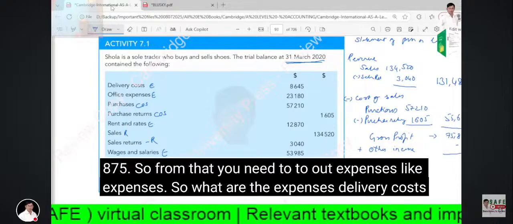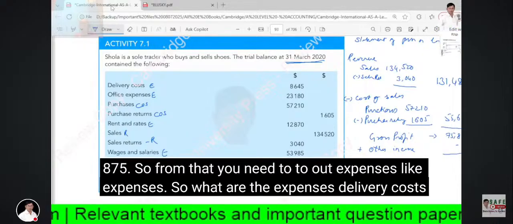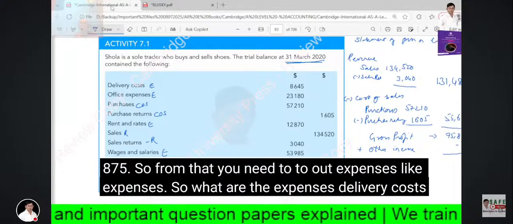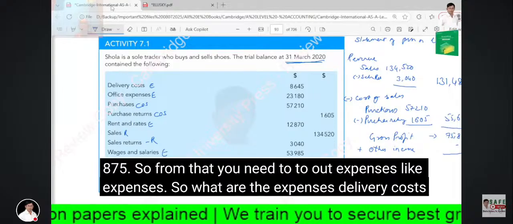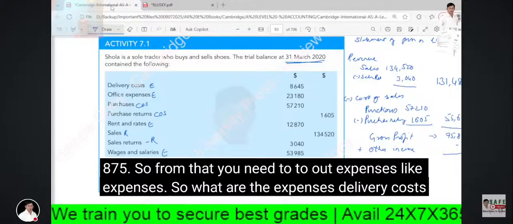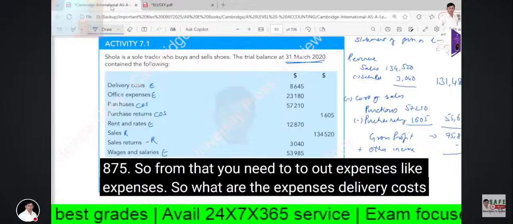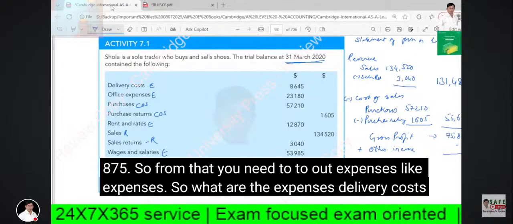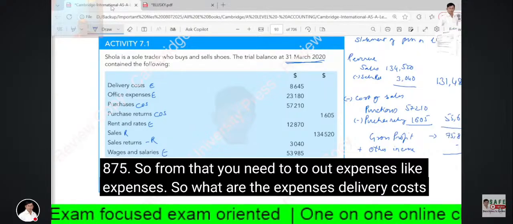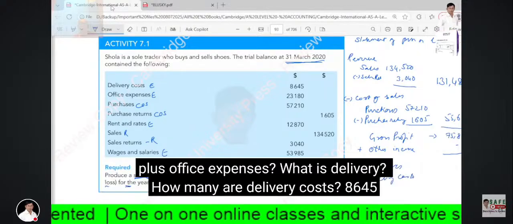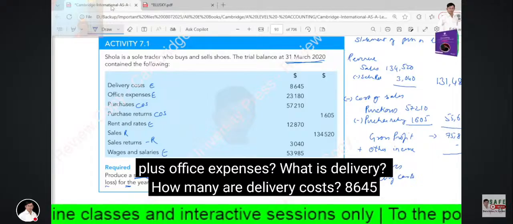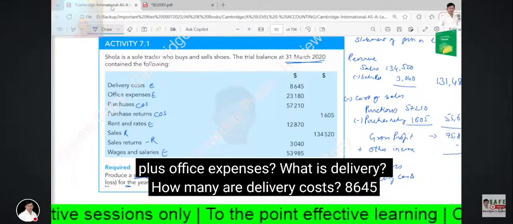So from that you need to take out expenses. Right? Expenses. So what are the expenses? Employee costs, office expenses. How many are delivery costs? 8645.